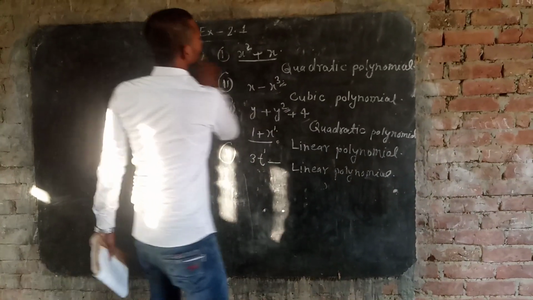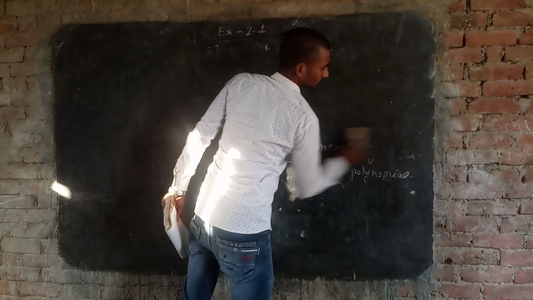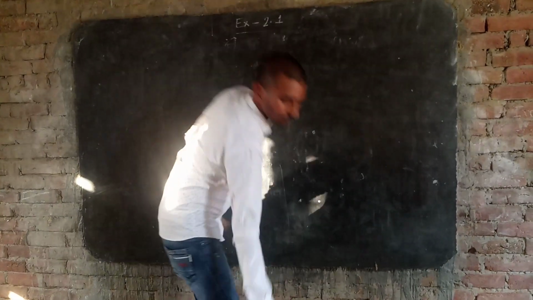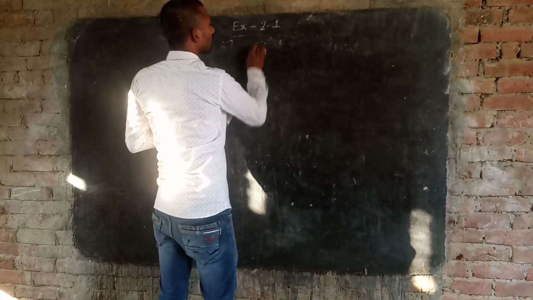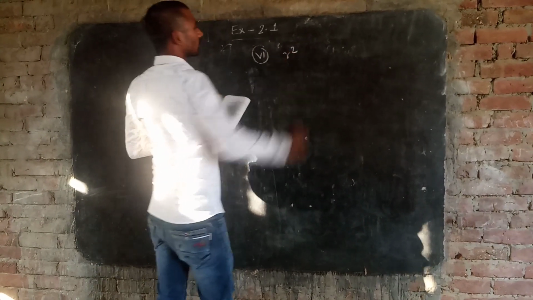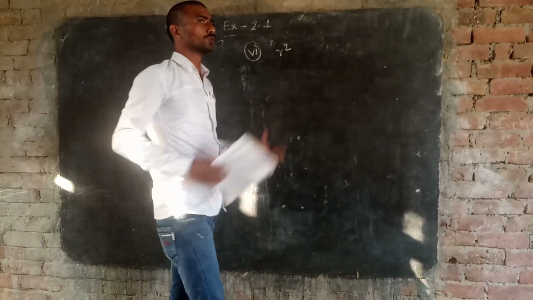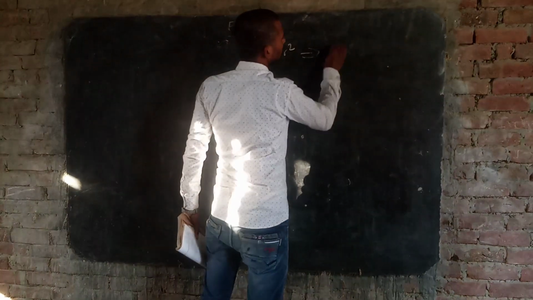Question number 6, r square. This polynomial has highest power 2, so it is a quadratic polynomial.